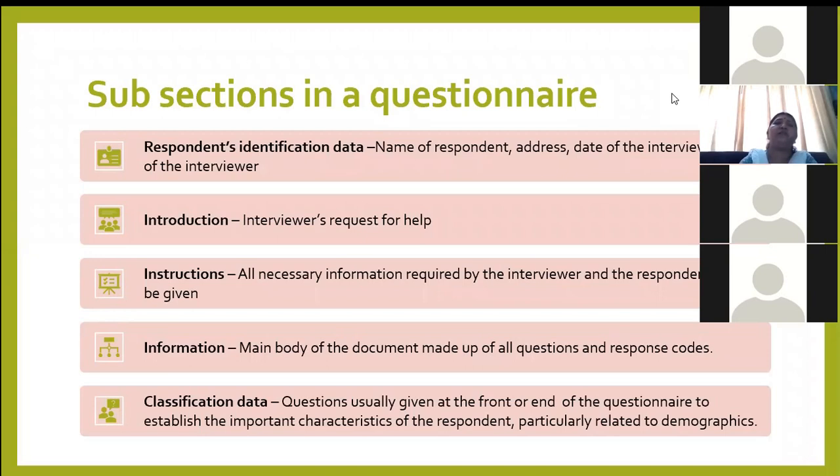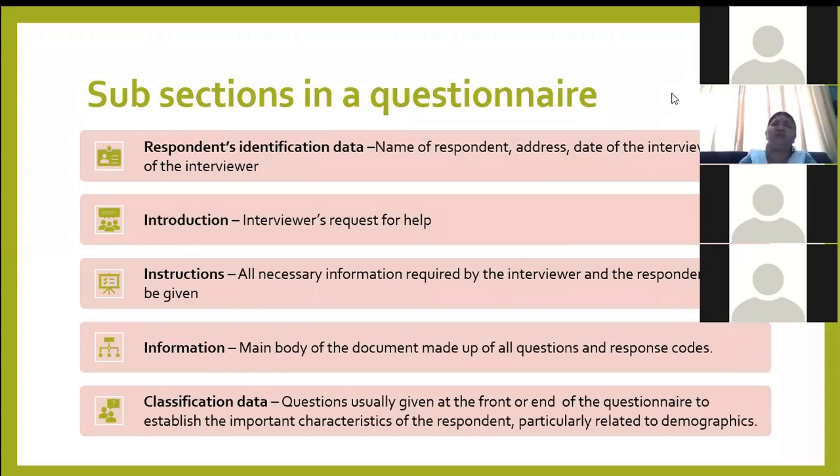Then we have classification of data. In certain questionnaires, that part will also be there. These are questions usually given at the front or at the end of the questionnaire to establish important characteristics of the respondent, particularly related to demographics, the age of the respondent, the sex of the respondent.